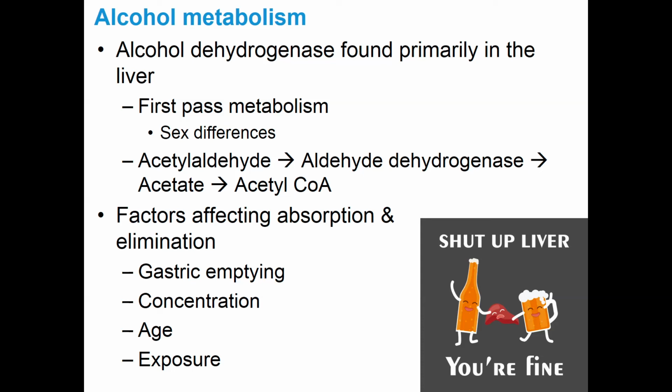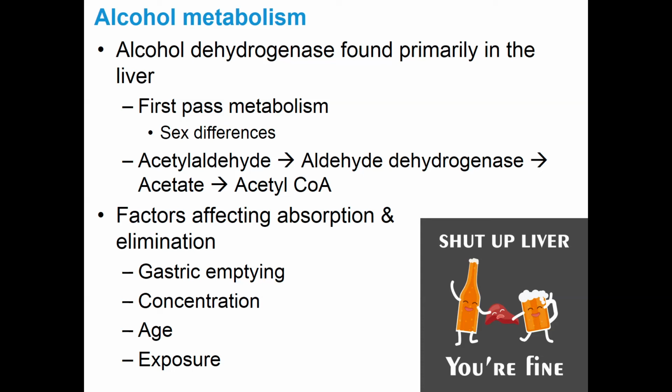Alcohol moves into everything, all water-containing tissue, right? And so as you get older, a couple things happen. One, the liver gets smaller, so you just have fewer places to metabolize the alcohol. You have fewer hepatocytes in order to metabolize it. But two, you're going to lose muscle mass. And as you lose muscle mass with age, you have less water-containing tissue, so there's fewer places for the alcohol to go. So we're just not as good at metabolizing it with age.